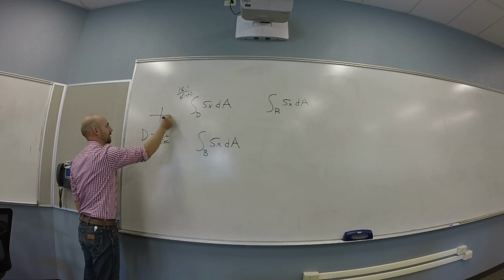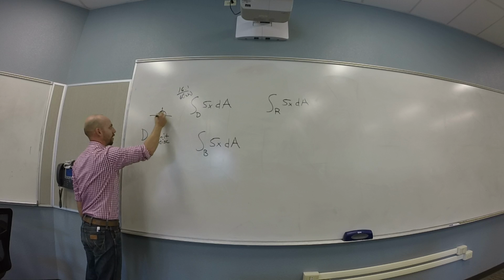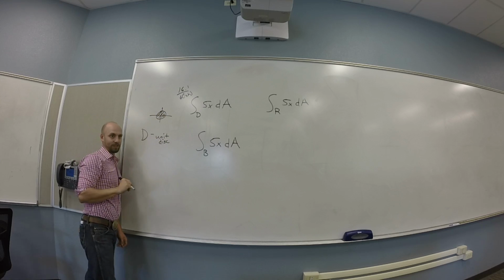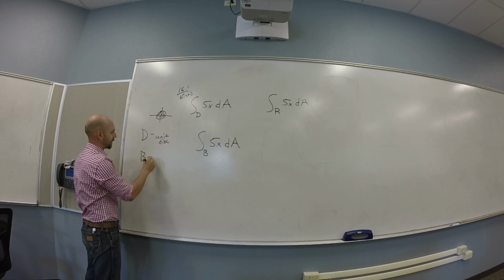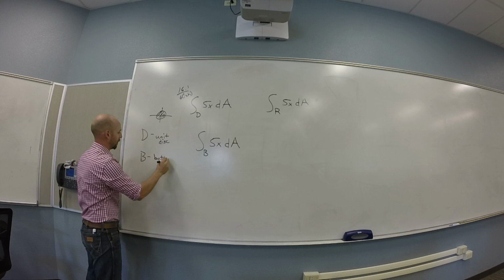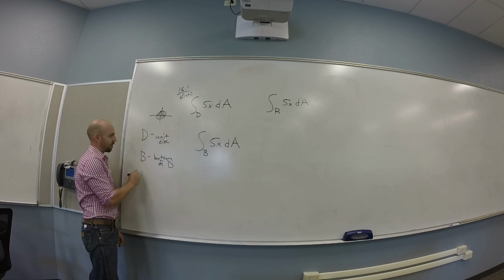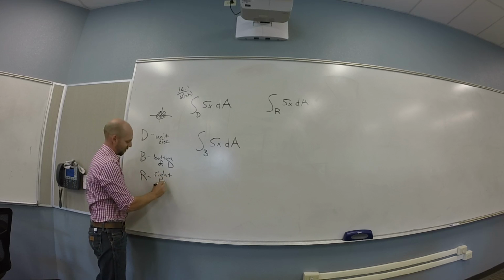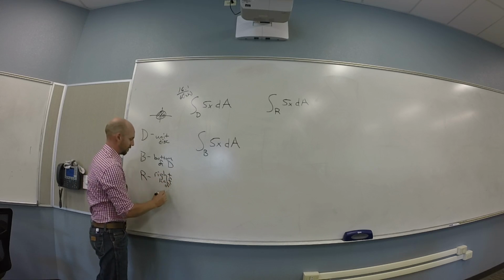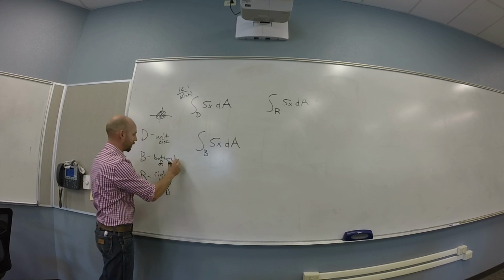So that's a circle of radius 1 filled in with the edge. Cool? All right, and then B is the bottom of the unit disk, and R is the right half of the bottom half, I suppose.